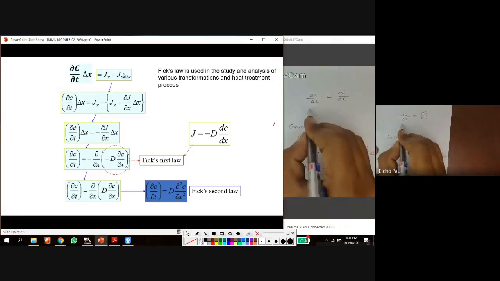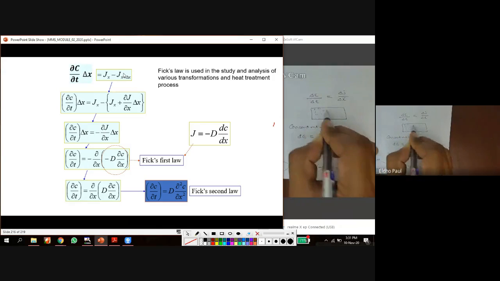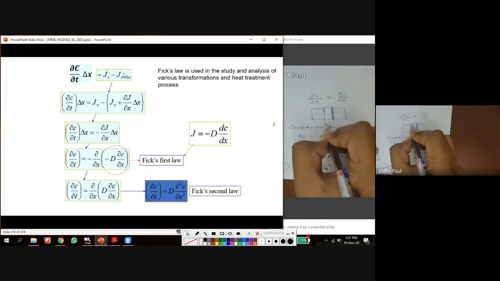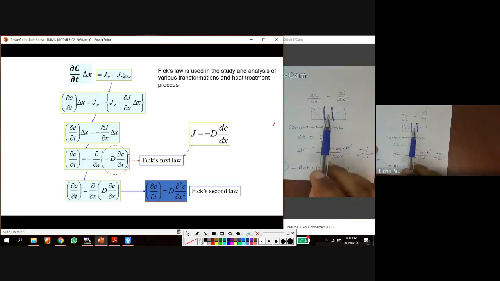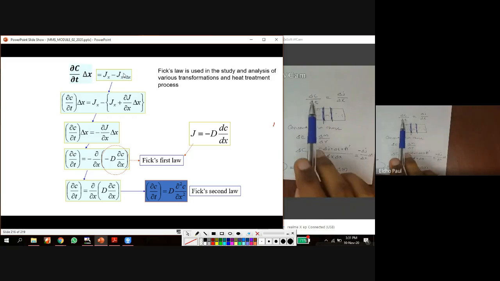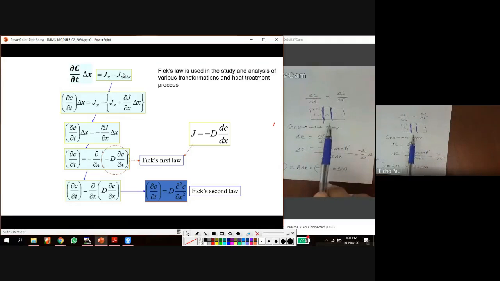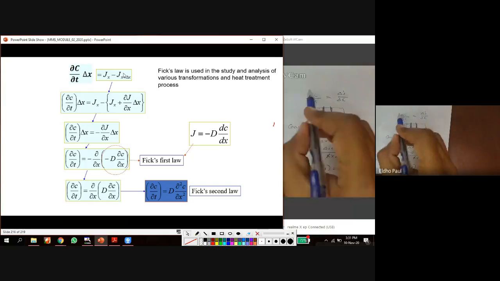So during the diffusion process across this particular volume, the average change in concentration for a time delta t is equal to the average change in flux with respect to the x coordinate. So that is this equation.